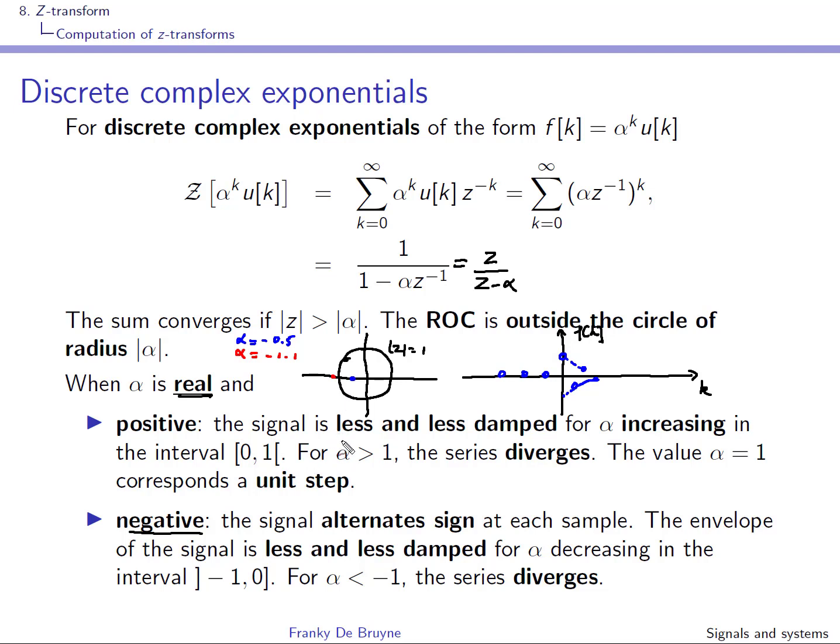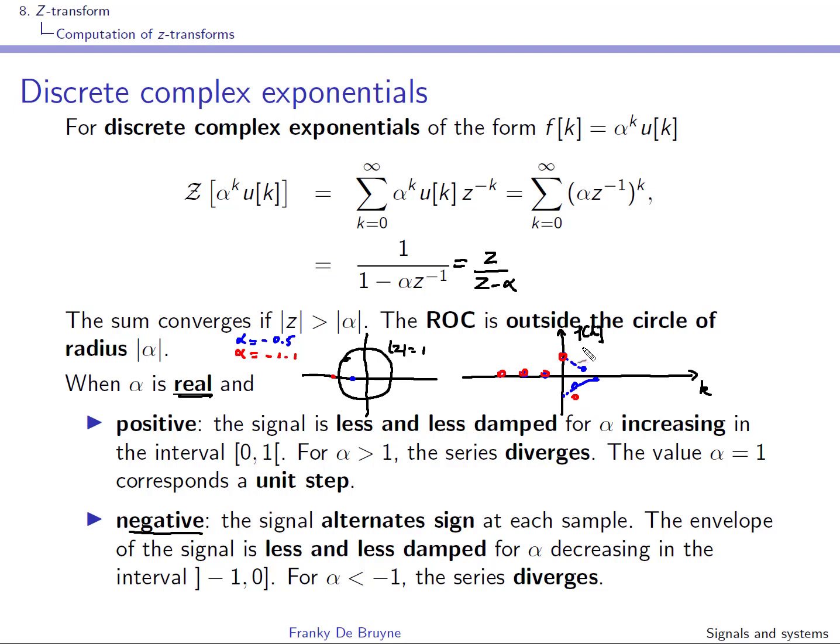So let us have a look at the case where the pole is at minus 1.1. Again, it's a causal signal, so you have zeros over here. At k is equal to 0, you have a 1. Then at k is equal to 1, you have minus 1.1.